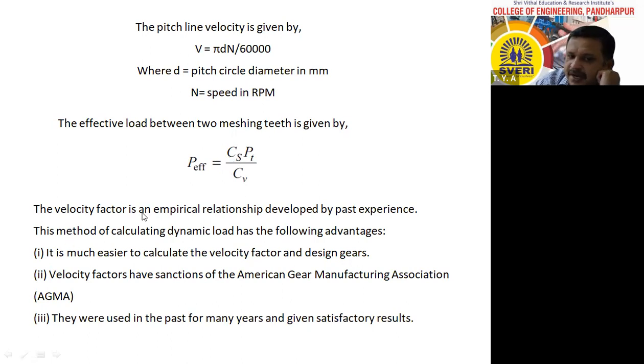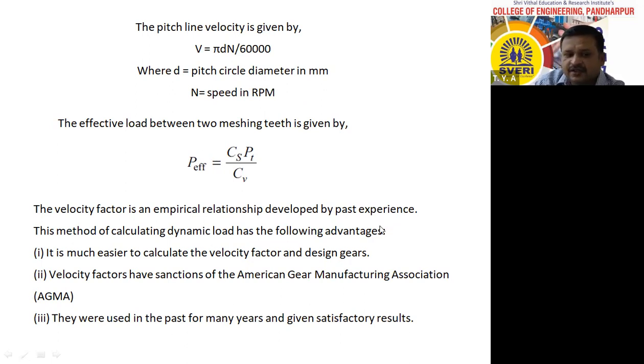The velocity factor is an empirical relationship developed by past experience. This method of calculating dynamic load has the following advantages. First, it is much easier to calculate the velocity factor and design gears.